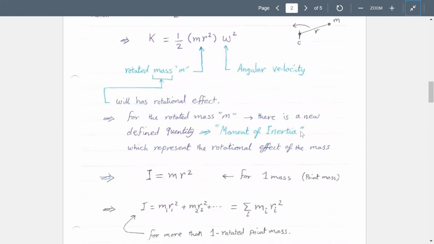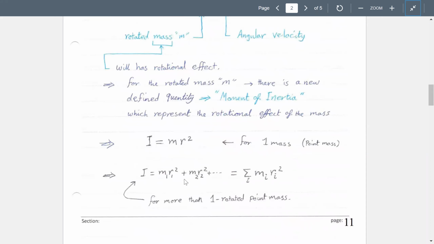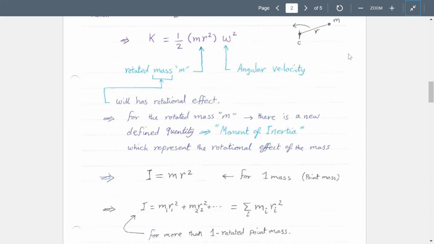We need to name it. In physics, everything has a name, has a symbol, has a unit. So the moment of inertia, we can name it as I, which is mr squared. For a point mass, this is a point mass away from the center by the radius r. Okay? What if we have more than one mass?